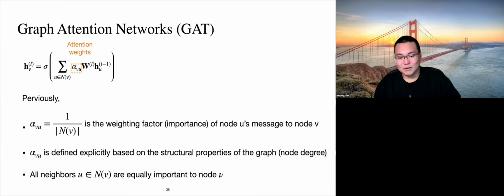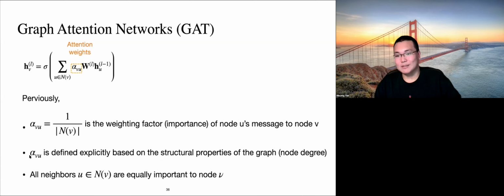Previously in our GCN network, alpha_vu is the weighting factor, or importance, of node u's message to node v. Alpha_vu is defined explicitly based on the structural properties of the graph, such as node degree, which means all neighbors u of v are equally important to node v.